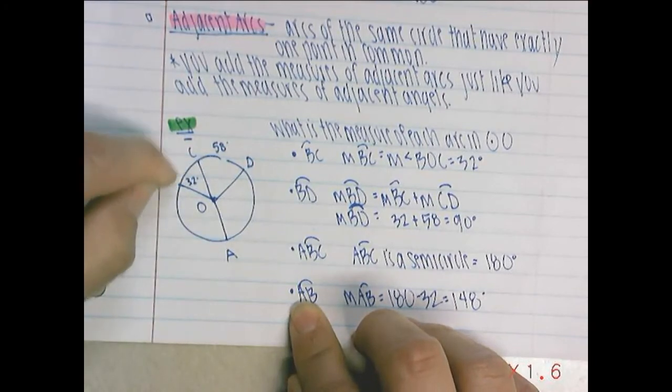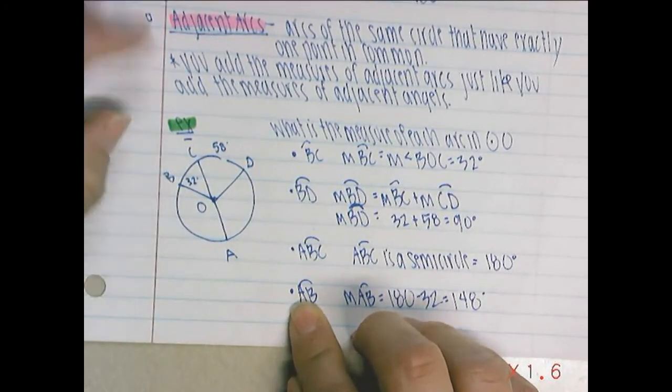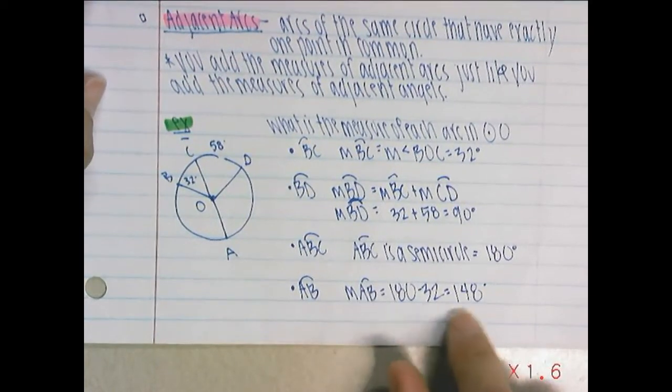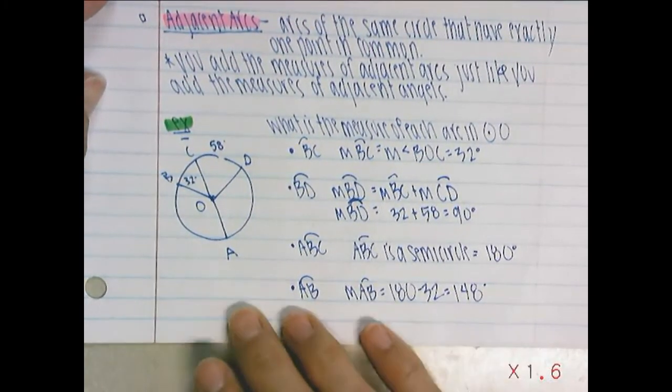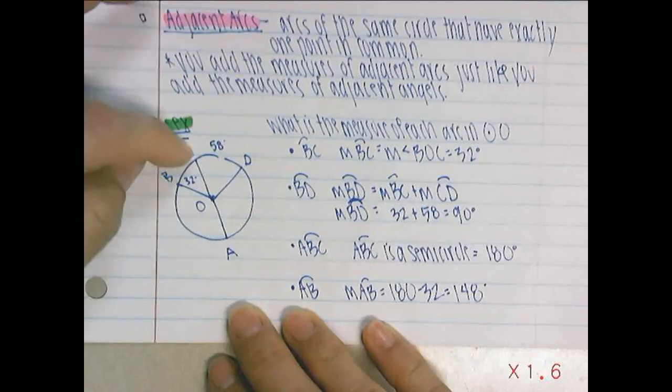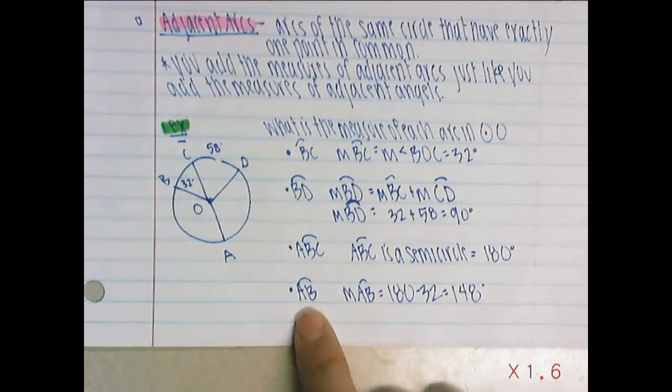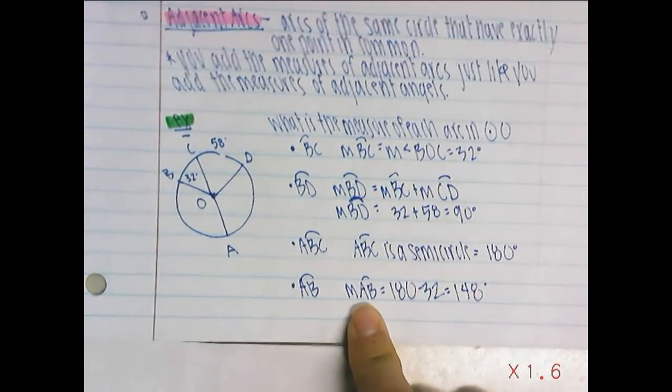And BC makes up the rest of it. So I'm going to do 180 minus 32, and that's going to give me 148 degrees. So I took the semicircle measure, 180, subtracted 32 because I knew that arc measure, and I got 148 degrees for the measure of arc AB.